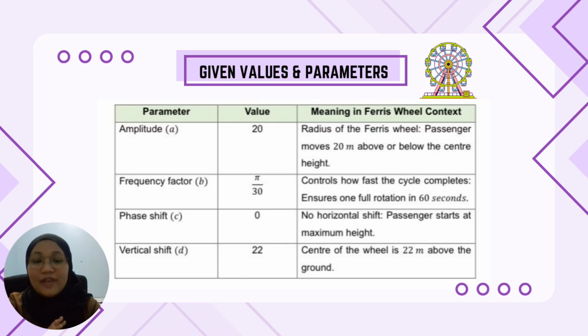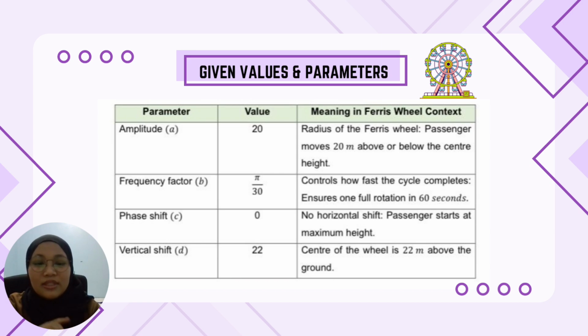Based on the given values, the radius of the Ferris wheel is 20 meters, which determines the amplitude of the function. The center is 22 meters, representing the vertical shift of the model. In addition, the Ferris wheel completes one full rotation in 60 seconds, which defines the period and is used to calculate the frequency factor.